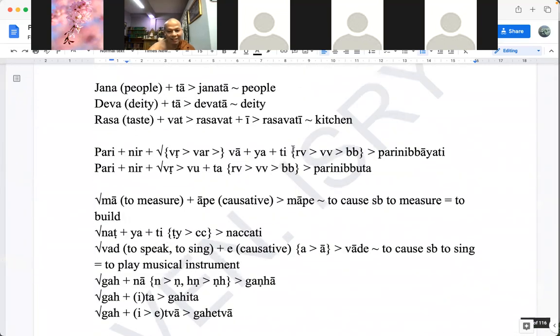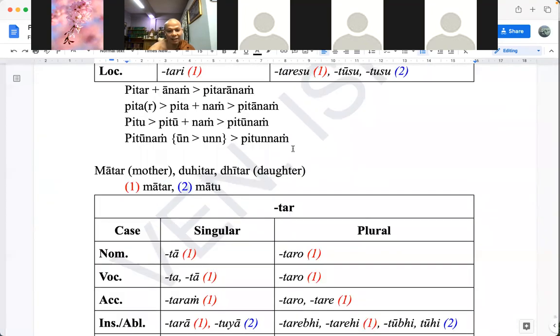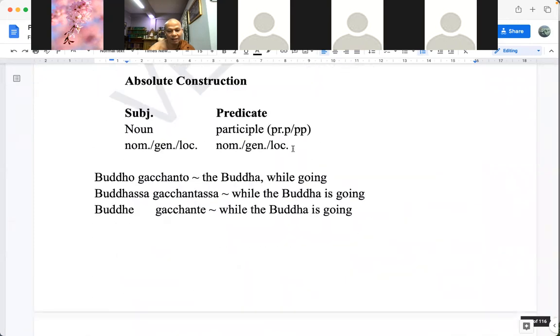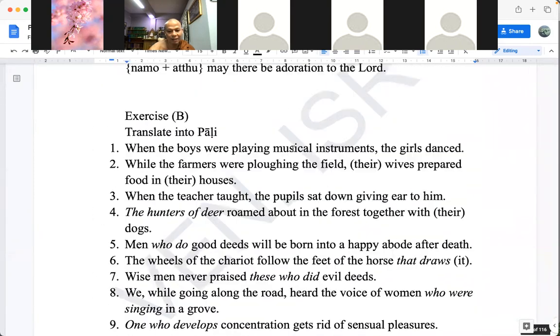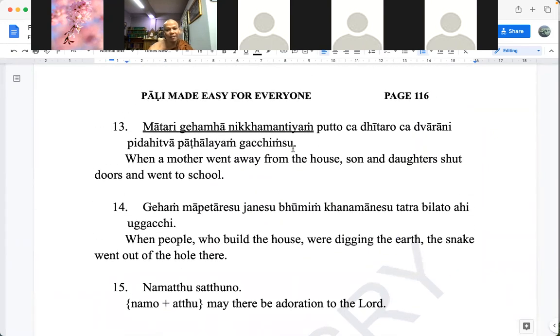Specifically, Bante, when we look at a Pali sentence, of course we have to check the table to know which function it is. However, it's so complicated, Bante, up to this lesson.